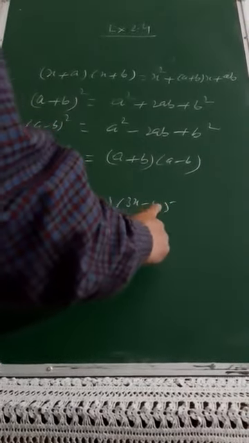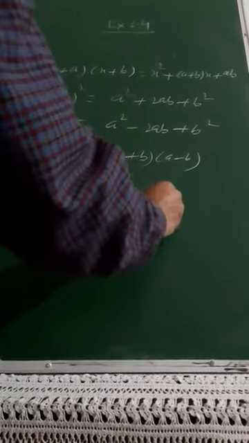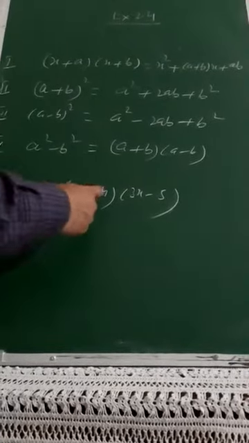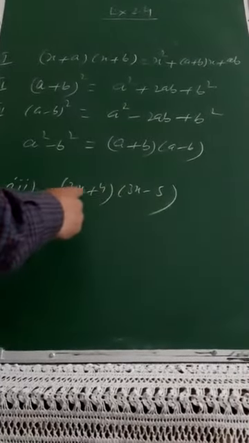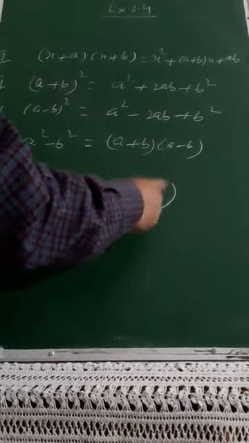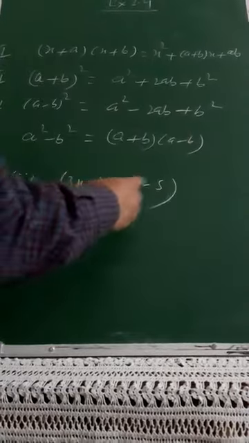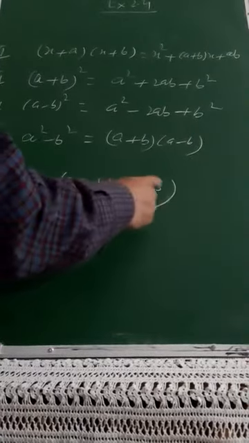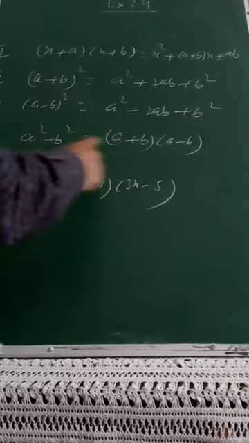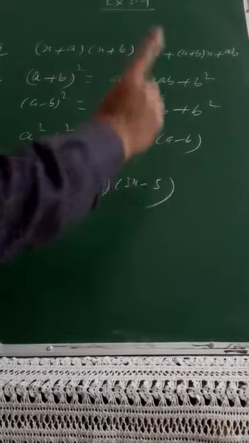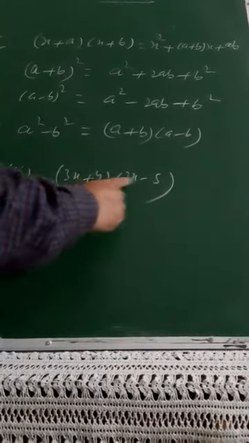If it were 3x plus 4 and 3x minus 4, then this would go to the other identity, because the b would be the same, 4 here and 4 there. Only then can I apply a plus b into a minus b. But here I find the two terms are different.